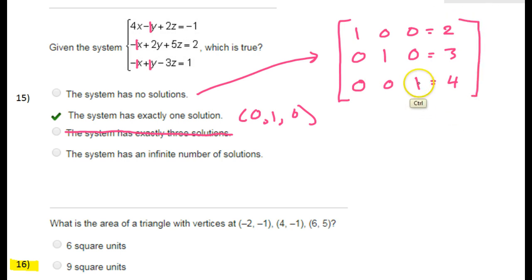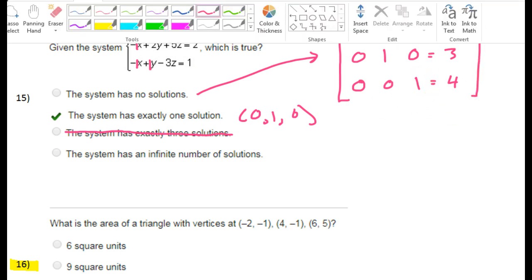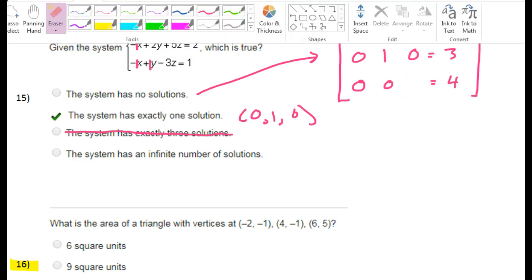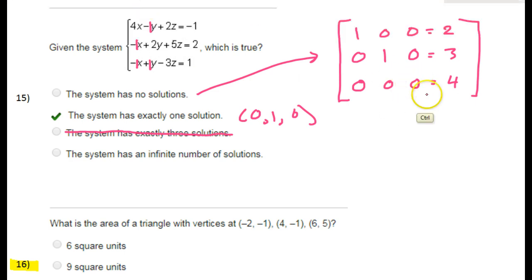But imagine that instead of a 1, right here we had a 0. Okay? That's when you have no solution. Because right here, this is saying that 0 equals 4. Okay?